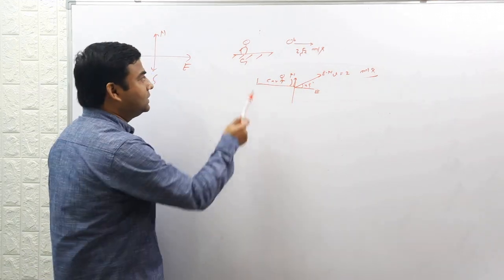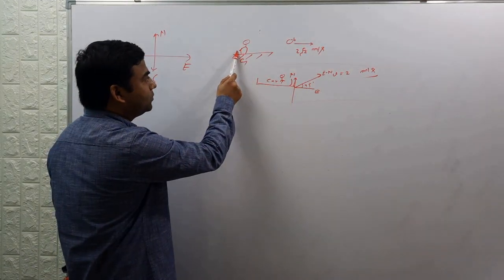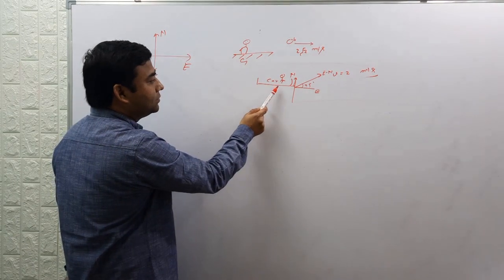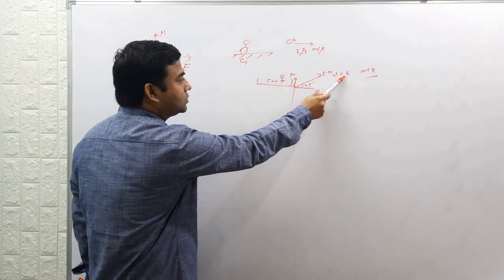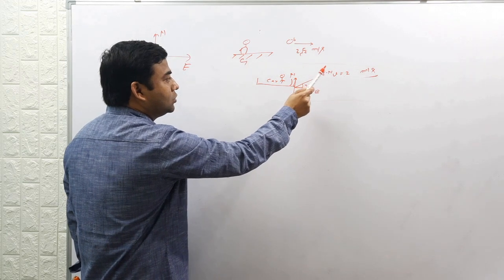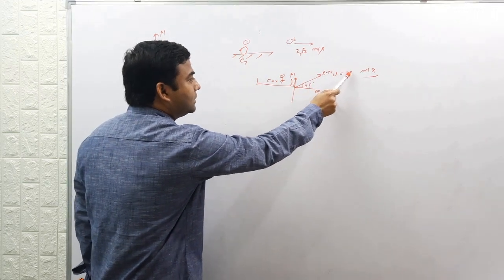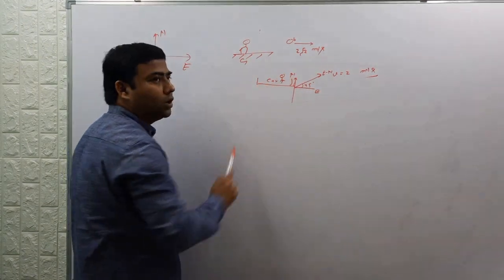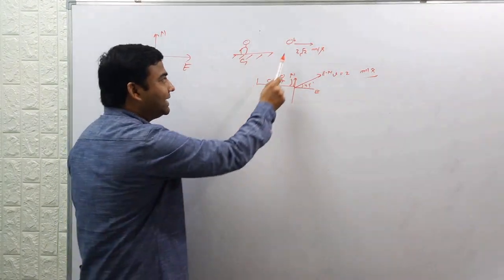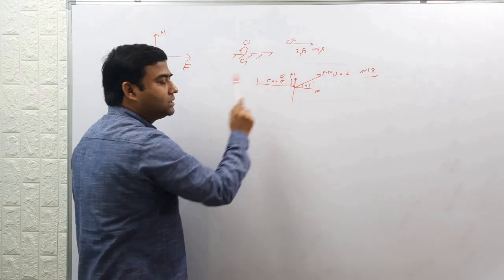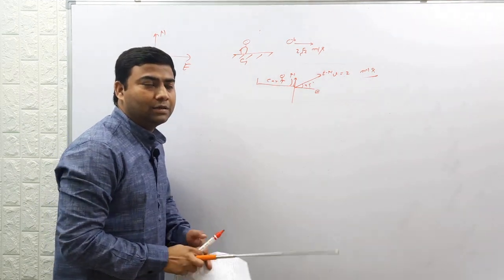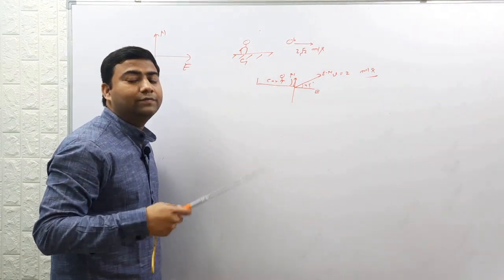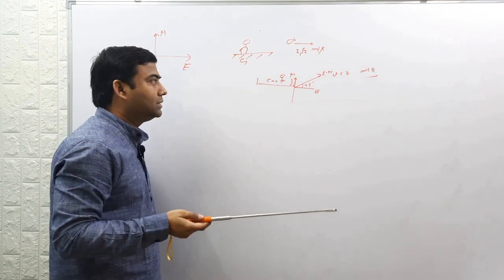Again I will repeat, when I change my frame from the ground to the car, which is moving with 2 meters per second in the east-north direction, I have to reduce the velocity of the moving frame from the velocity of the ball to analyze the velocity of the ball from this new frame. That is the rule, the velocity subtraction rule.